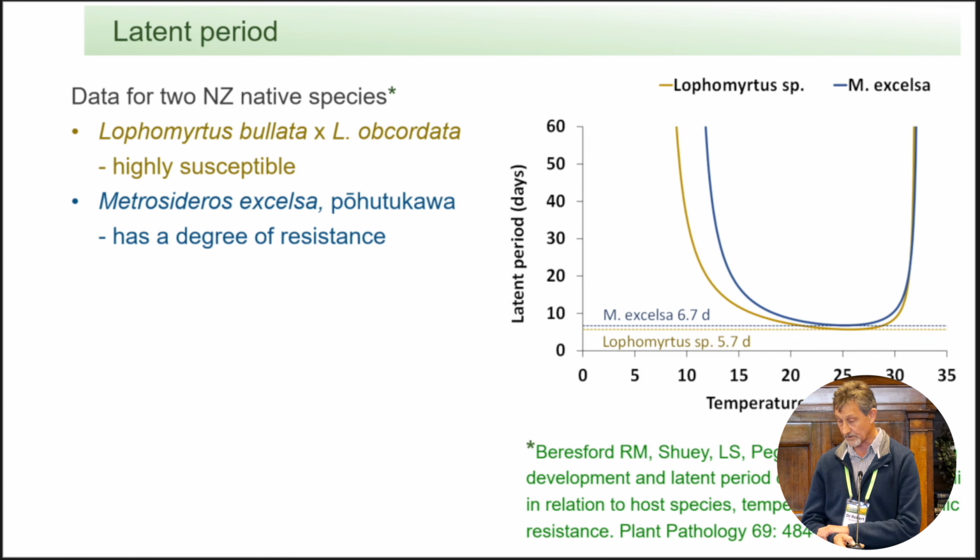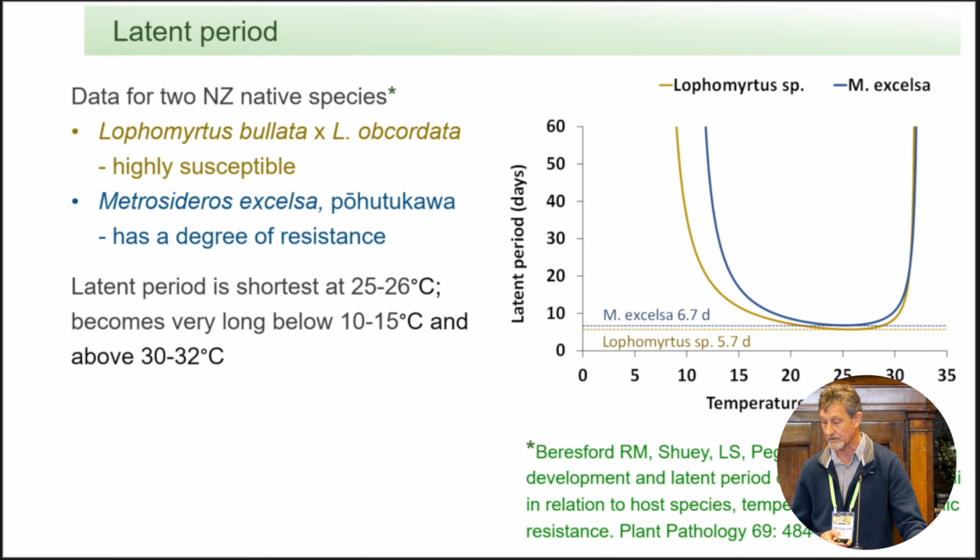The latent period curves of those two are a little bit different at the lower end, so that there's more latent development at a slightly lower temperature for Lophomyrtus, which may be part of a measure of its higher susceptibility.